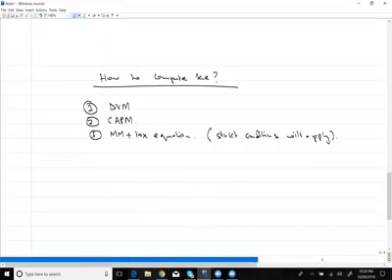Otherwise, we have two methods, CAPM and DVM.